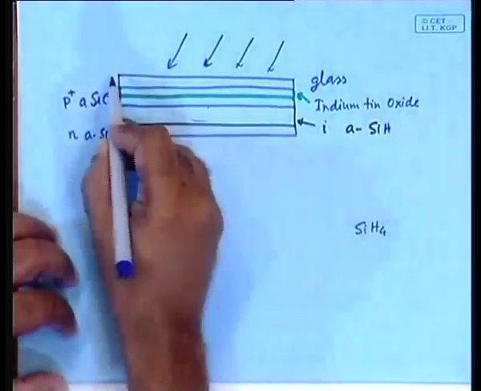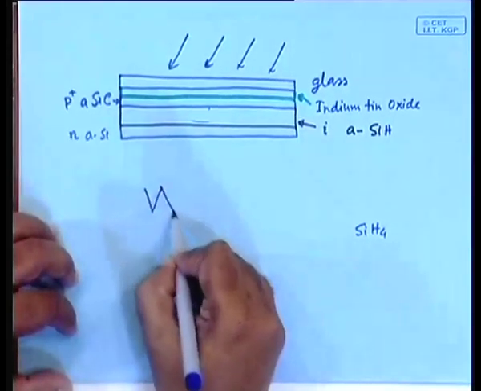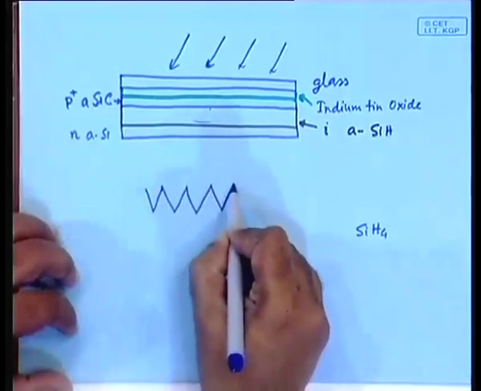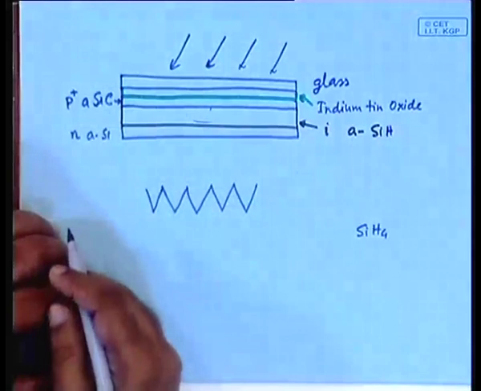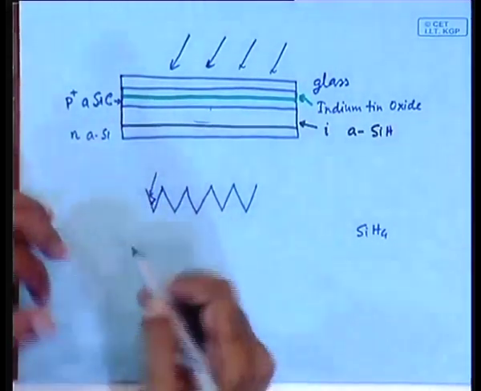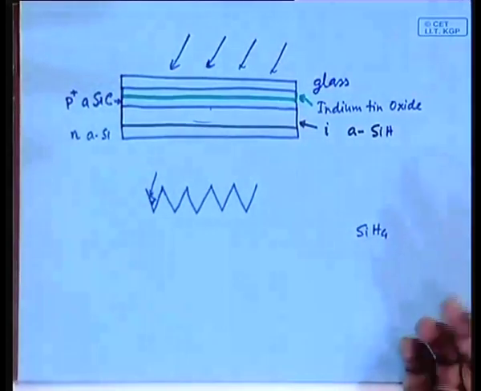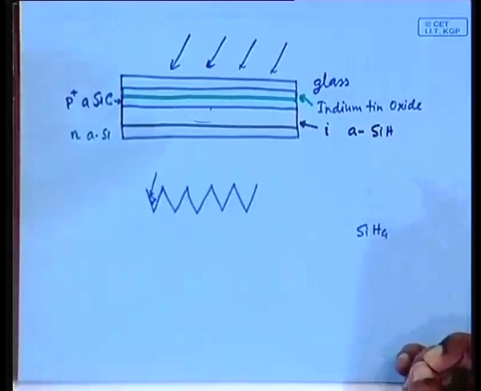The way people overcome that problem is, firstly, to make the top layer not a flat layer, but something like this. As a result, the light that is coming in has to go through multiple reflections and ultimately will go in. That is one trick that is normally used.